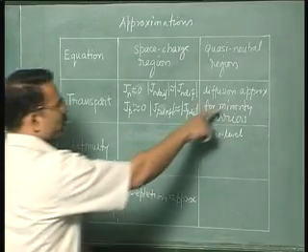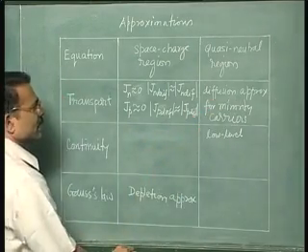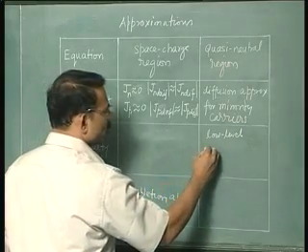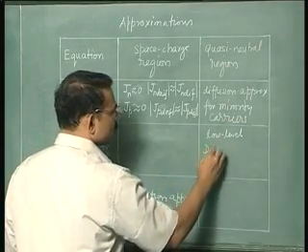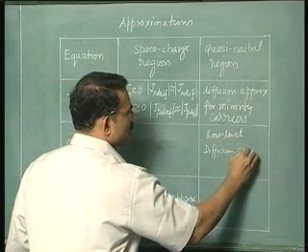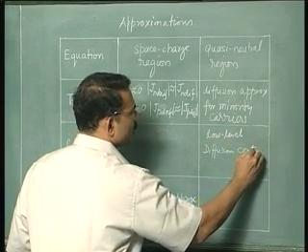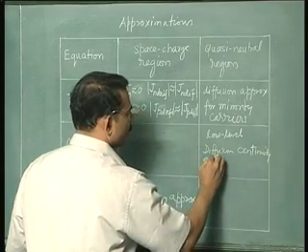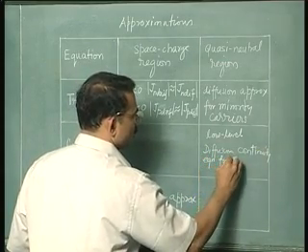And a consequence of diffusion approximation for minority carriers is that for the continuity equation you can use the diffusion continuity equation for minority carriers.